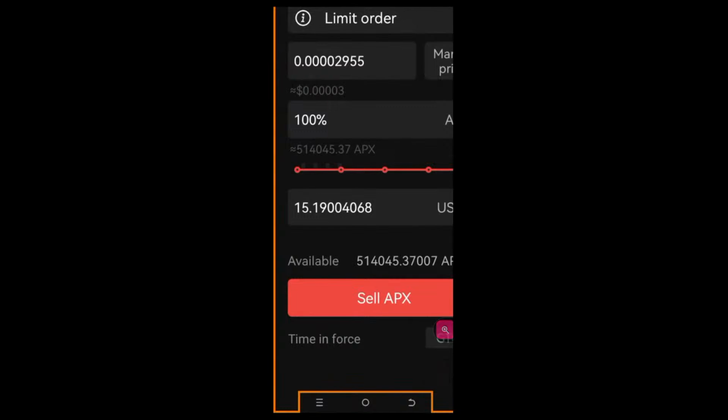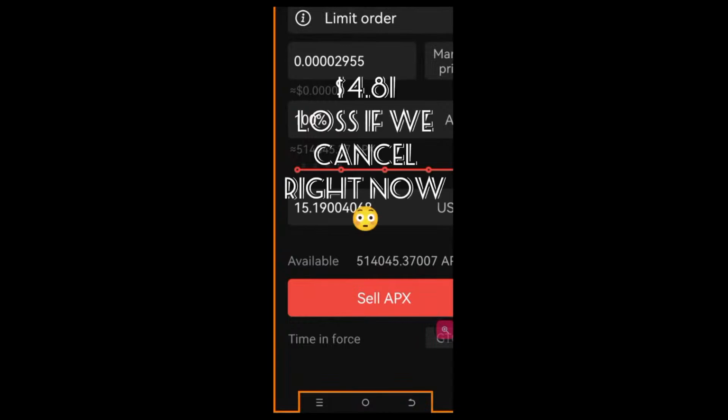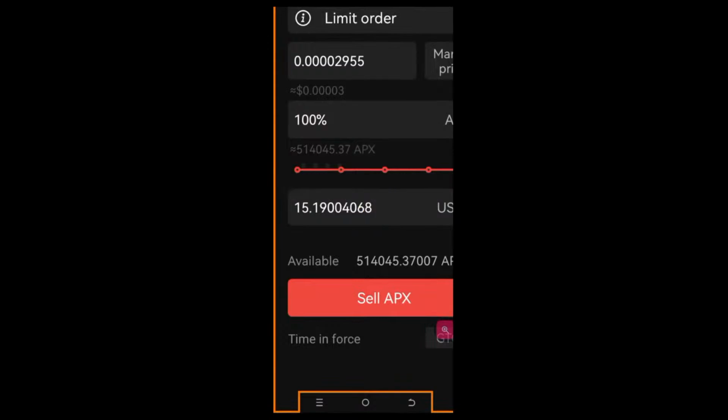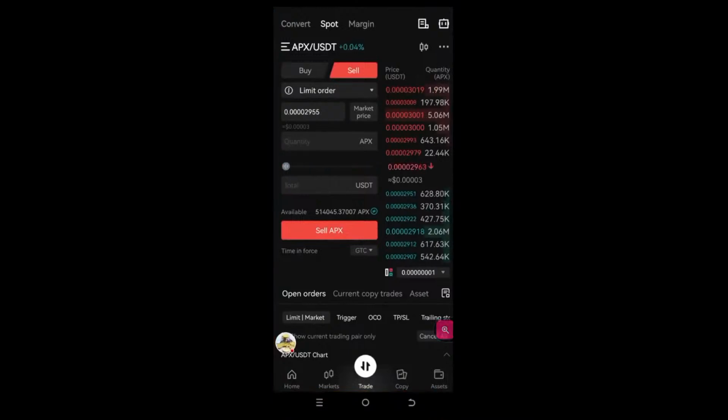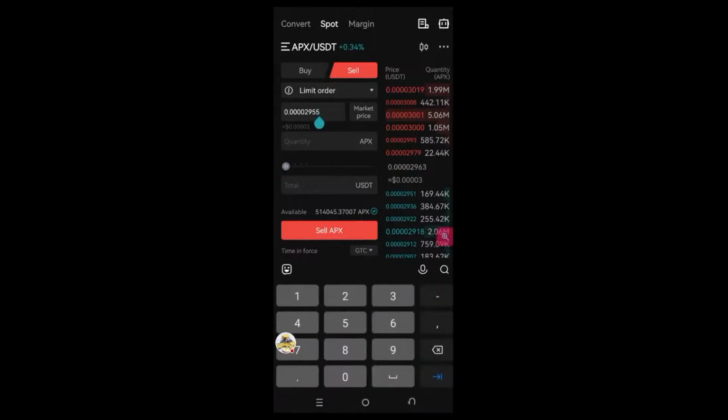We're neck deep into a loss of about $4.81, and this is not funny at all. So I'm not going to sell, definitely. I'm just showing you so you know how much we've lost currently. For now, I'm just going to have to wait and close at that 4, or maybe some.